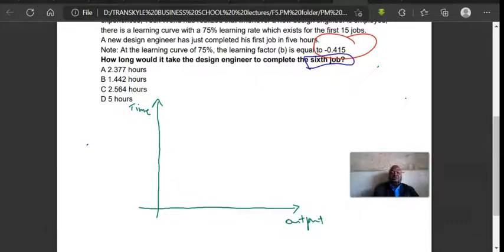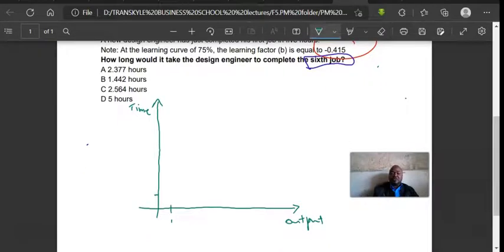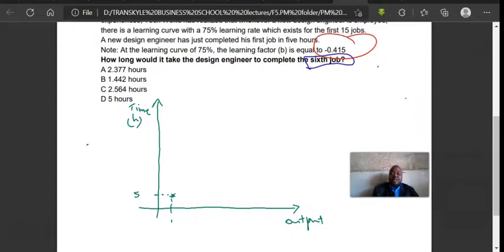What we need is, all right, we know job number 1 took how many hours? 5 hours. We are told job number 1 took 5 hours. Time is in hours. But we need to know job number 5.